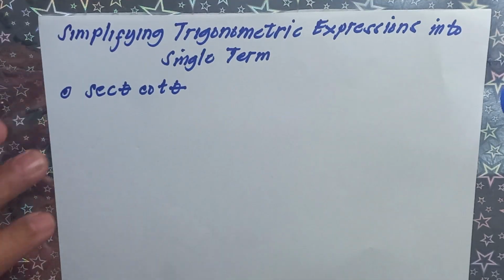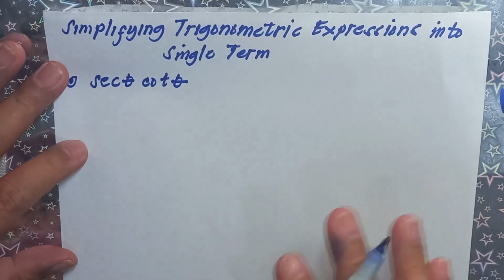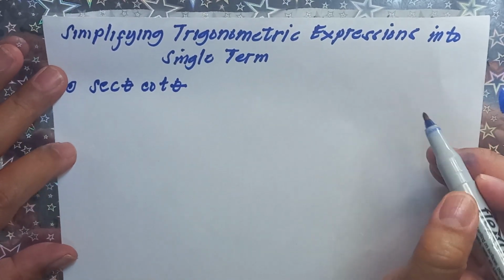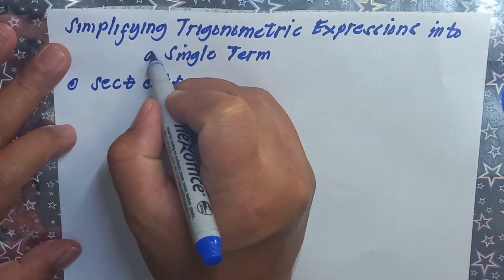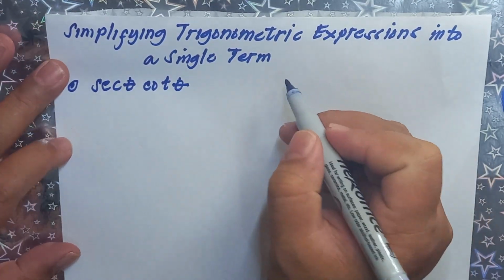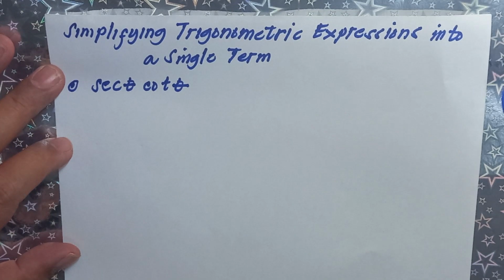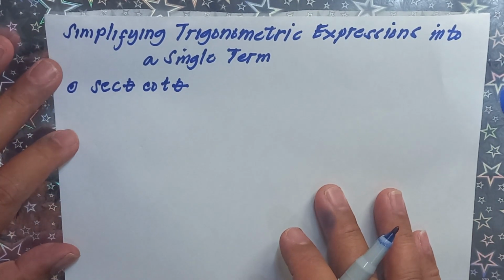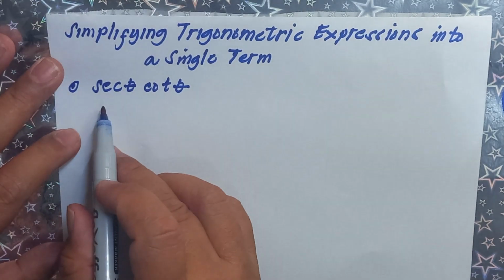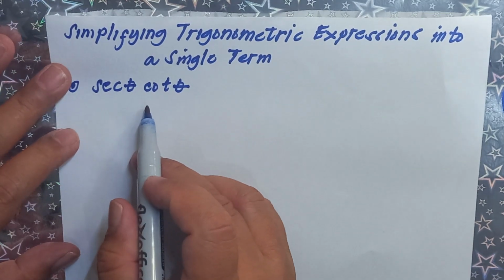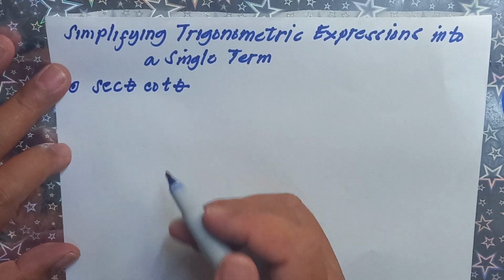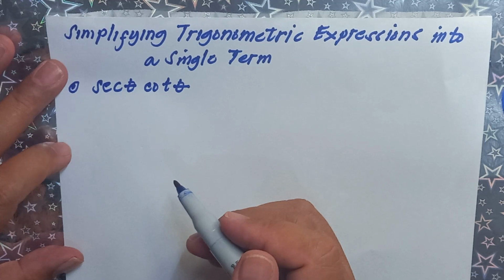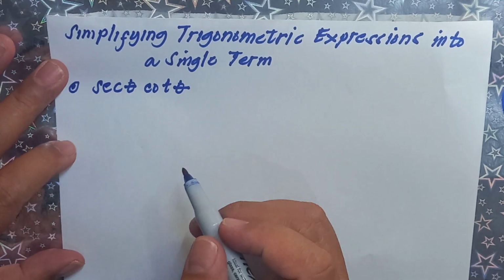Our next focus is simplifying trigonometric expressions into a single term. To illustrate this, we need another example. Our example here is the product of secant theta and cotangent theta. Now again, what is the technique of simplifying trigonometric expressions?